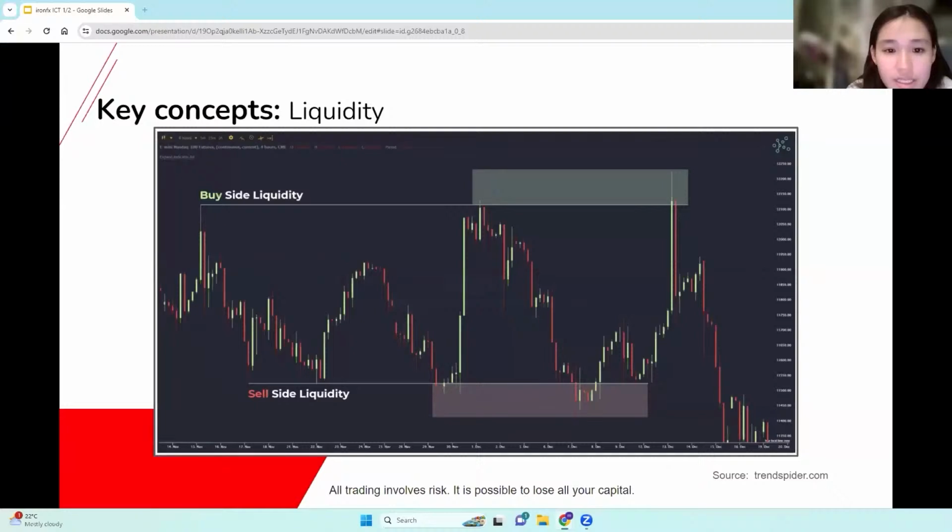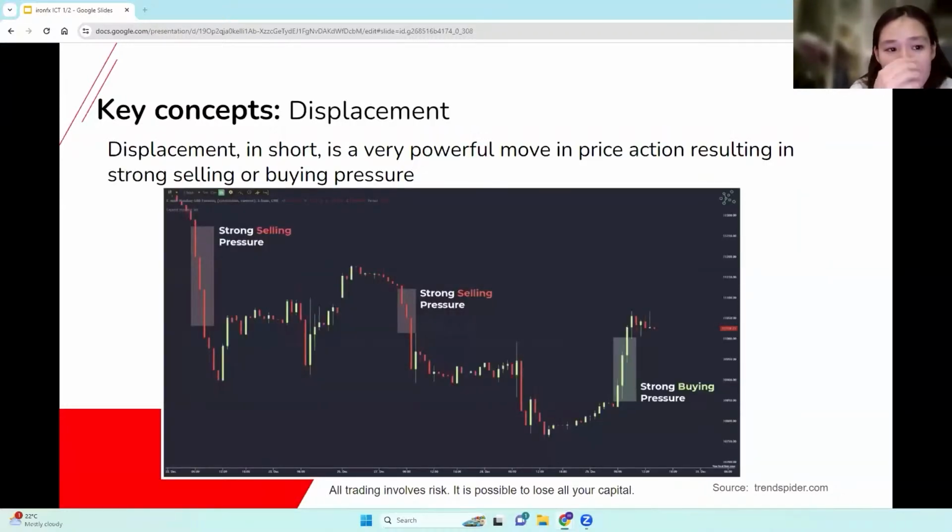Okay, next, let's look at displacement. Displacement in short is a very powerful move in price action, resulting in strong selling or buying pressure. Generally speaking, displacement will appear as a single or a group of candles that are all positioned in the same direction. These candles typically have large real bodies.